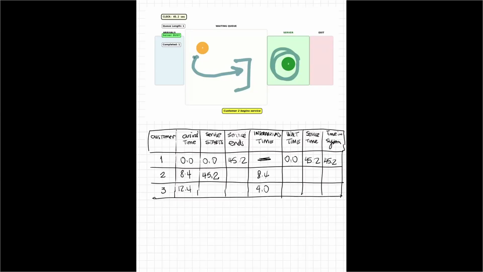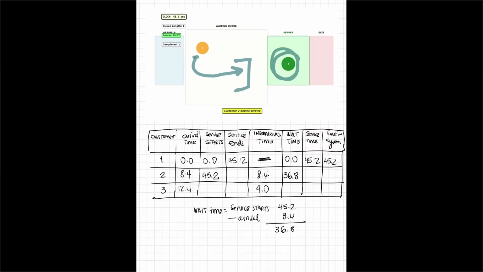The wait time for customer number 2 equals service starts minus arrival. So for customer number 2, it would be 45.2 minus 8.4, which is 36.8, right? So the total wait time is 36.8 seconds. We don't know the service time at this point.